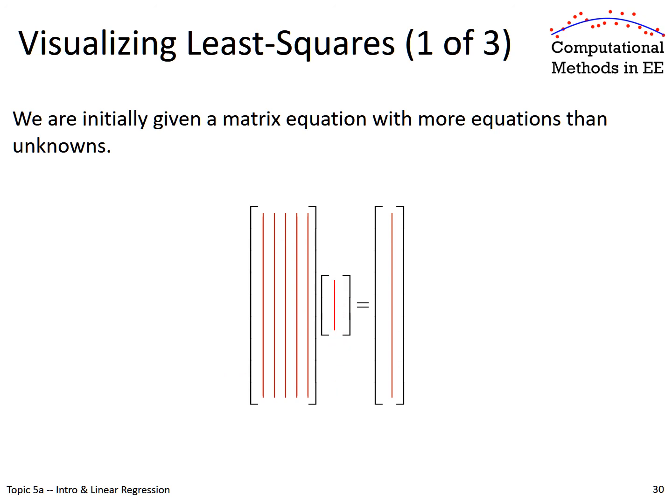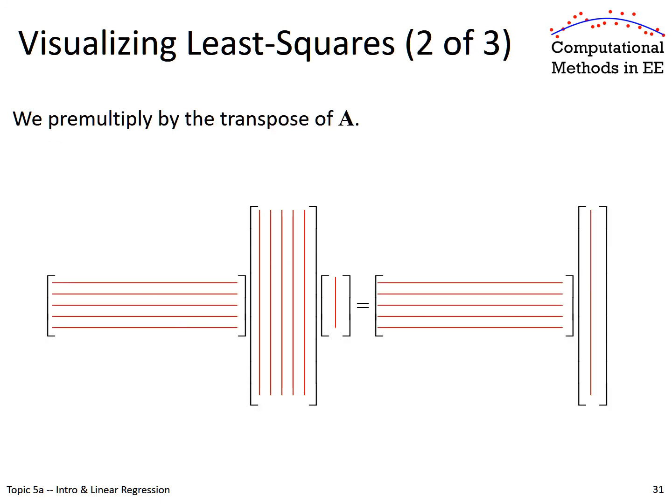Then we want to multiply this by the transpose of this rectangular matrix on the left. So what happens when we do that? We end up here. The horizontal rectangular matrix is simply the transpose of this vertical rectangular matrix. And we're pre-multiplying both sides of the equation by that transpose.